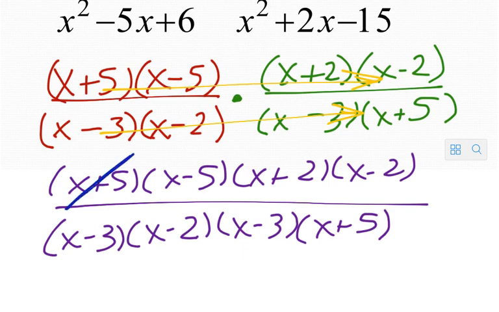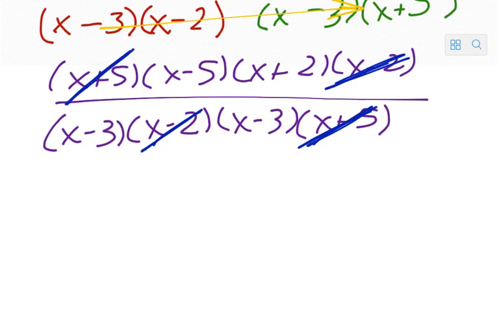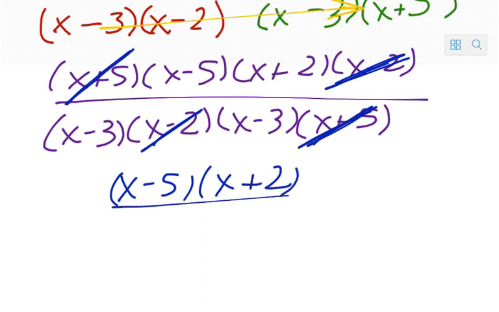So I've got x plus 5 cancels with x plus 5. My x minus 2 cancels with x minus 2. And I don't see anything else that is common. So what I have left then is x minus 5 times x plus 2 on the top over x minus 3 times x minus 3.